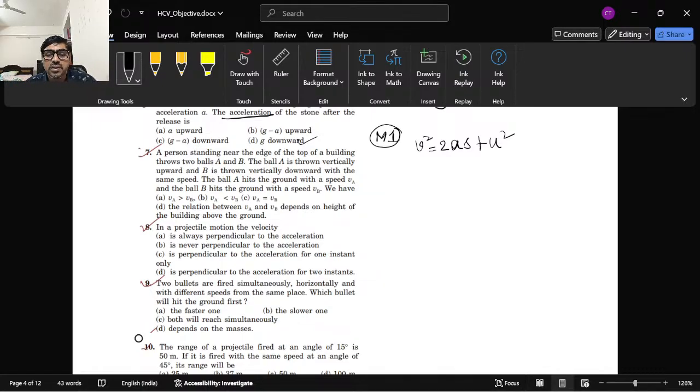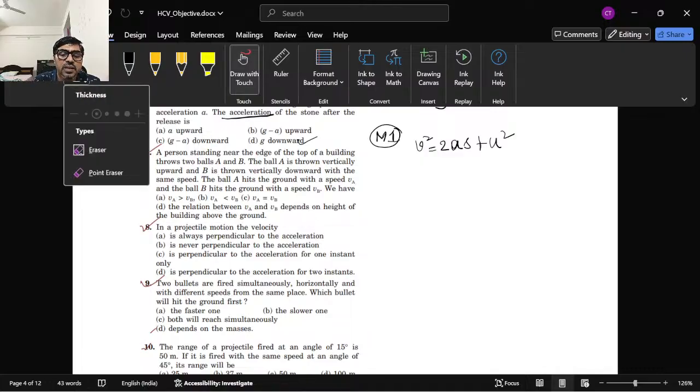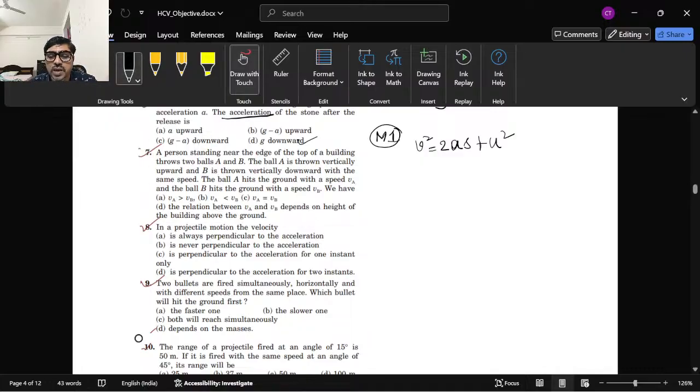In this method, what is s here? In the first case, what is s? What is s in the second case? Particle is projected upwards. Then what is the displacement? Particle is projected downward. Then what is the displacement? Displacement in the first case, displacement in the second case.